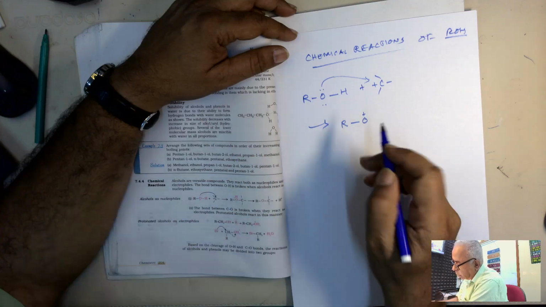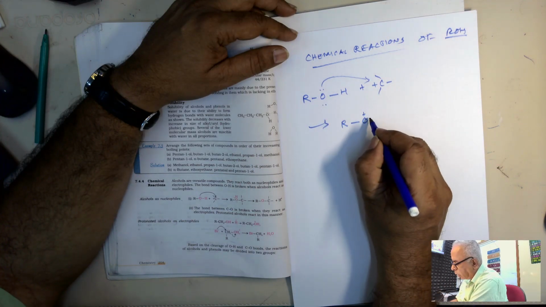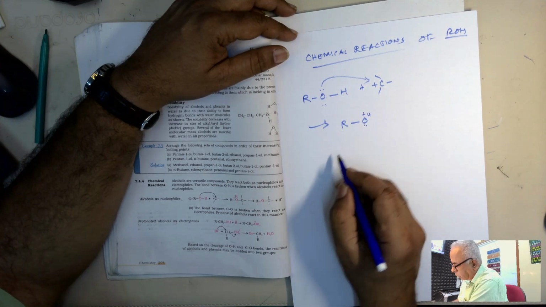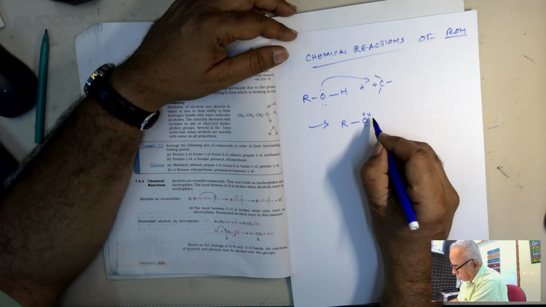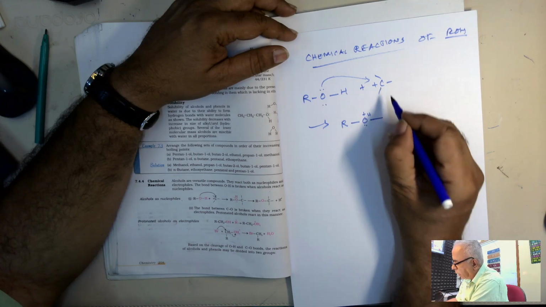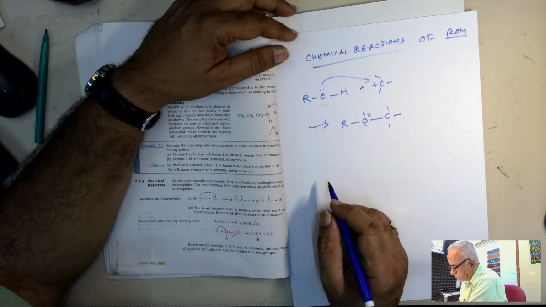Why? Because a pair of electrons is given to carbon, and still you have got an H here, and then you have got another pair of electrons. Now that gives what? It is attached to C, right? Then it is left over like this.